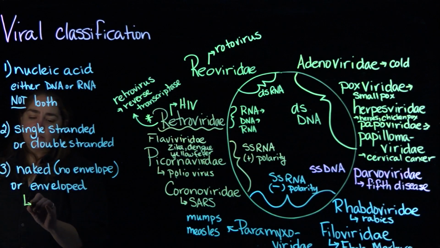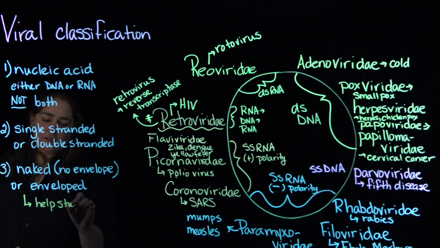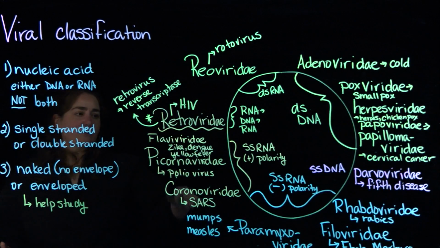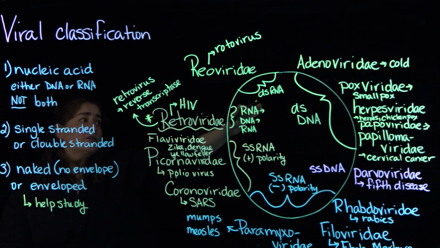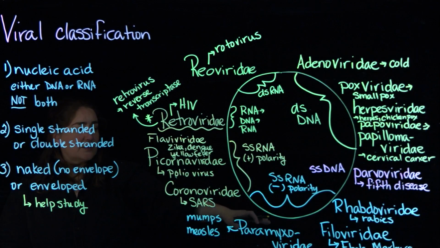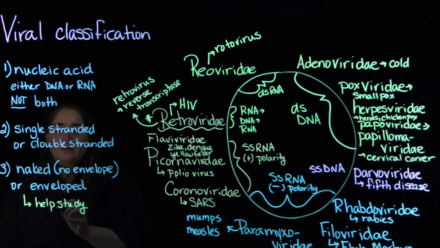So what I want you to do, and what may help you study, is take these viruses and families that I have listed here. So for the cold virus, smallpox, chickenpox, herpes, cervical cancer, fifth disease, rabies, Ebola, mumps, measles, SARS, Zika, polio, HIV, rotaviruses, okay?